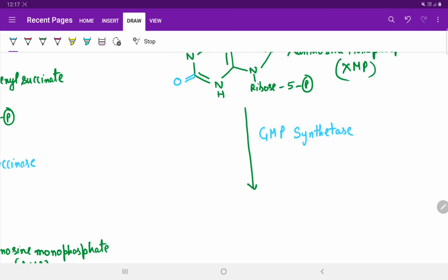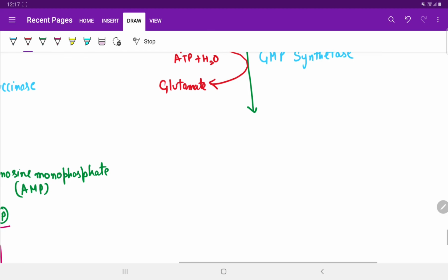So in presence of a glutamine molecule, this will lead to formation of guanosine monophosphate or GMP.